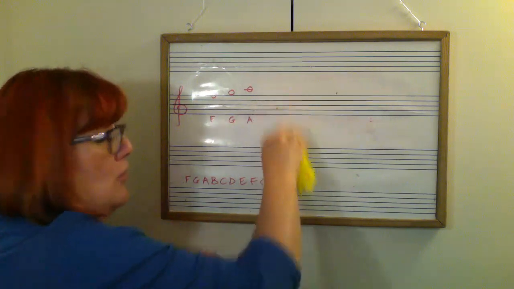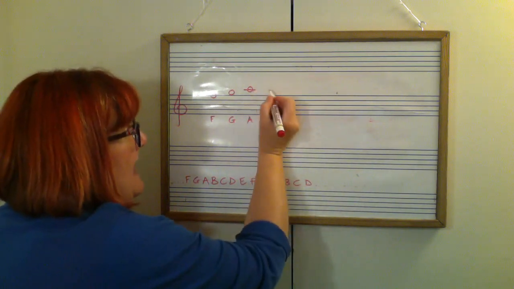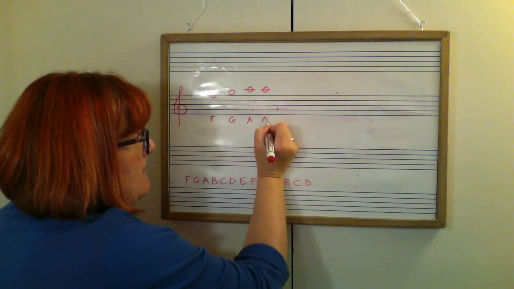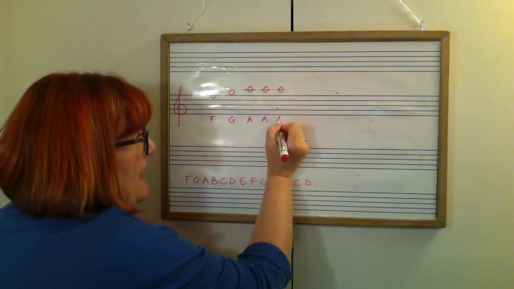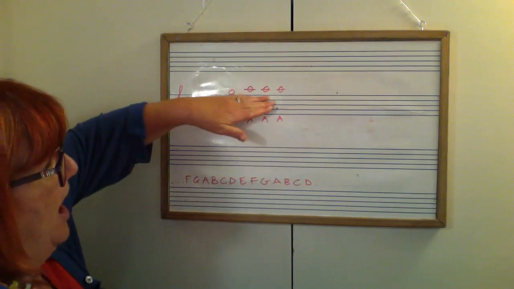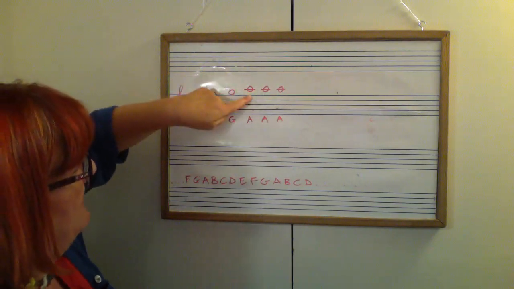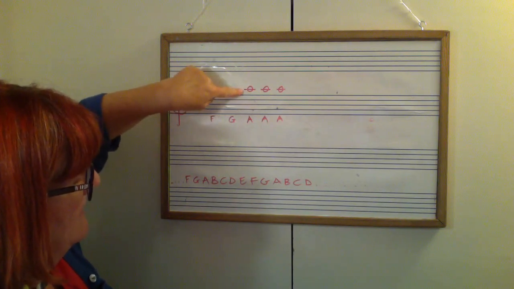Even if we have got a whole string of A's next to each other, each one gets their own little ledger line. And then we can read very easily that it's the line after the F. So we know if that's F, and there's a space between that line and that line.